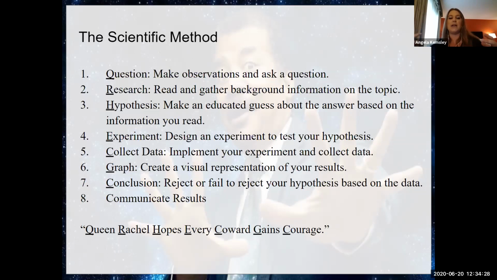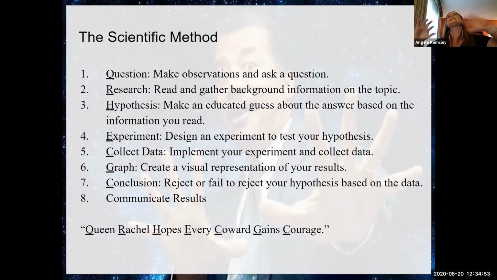Then you're going to make some kind of experiment where you're going to collect data in order to test the hypothesis you just made. Then you're going to graph it, and you're going to look for trends, and that's going to help you generate results. And from those results, you're going to draw a conclusion. You're going to reject, or you're going to fail to reject your hypothesis based on the data you just gathered, and then you're going to communicate your results.